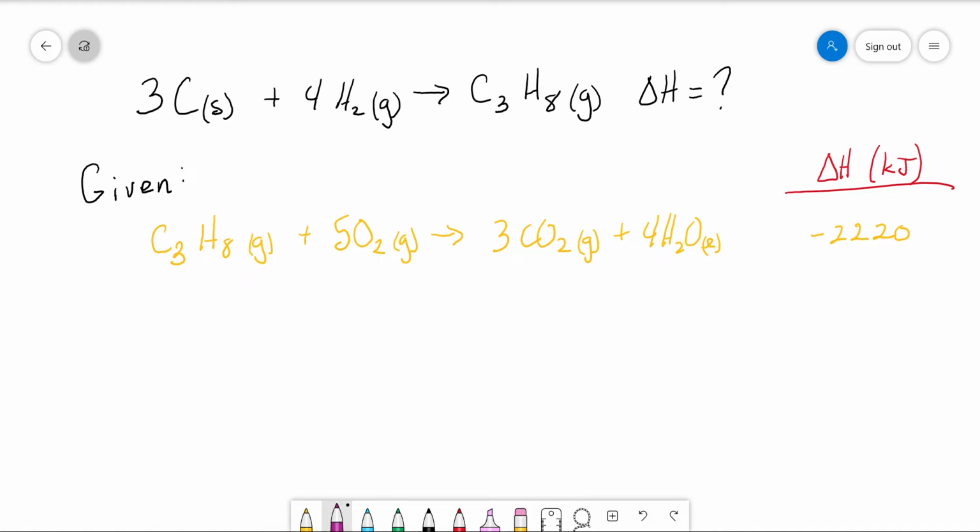Next equation, C solid plus O2 gas gives us CO2 gas. And that has a value of negative 394.